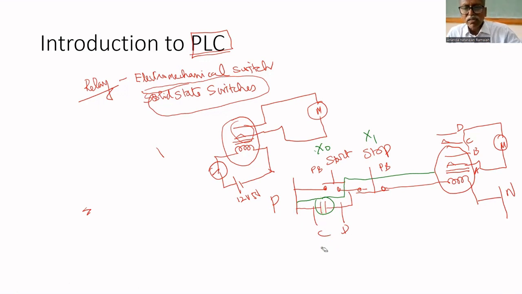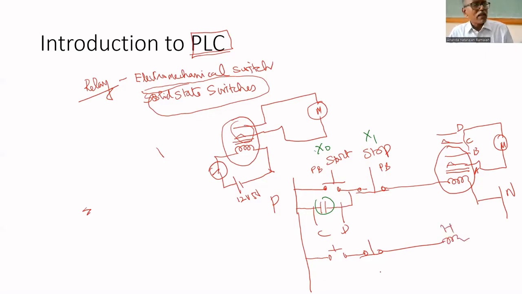One more circuit like this, one more circuit for some other operation. That operation may be a heater, another may be a lamp, another may be another motor, another may be a stirrer. Like that, they will add so many.